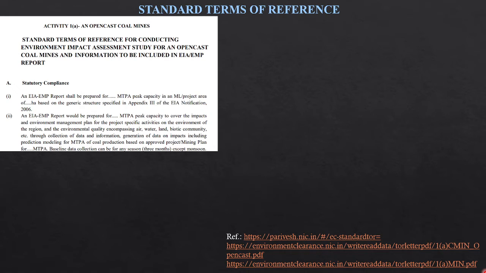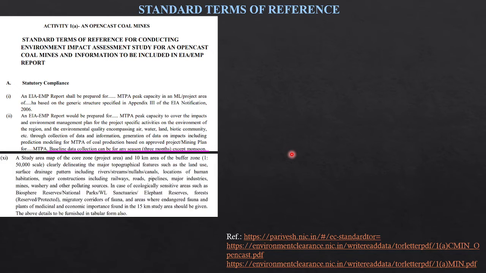Now this is a standard terms of reference for conducting an EIA report for an open cast coal mine, and here it is written that the baseline data collection can be for any one season, that is 3 months, except monsoon. The core zone is the project area, and the 10-kilometer area is the buffer zone.